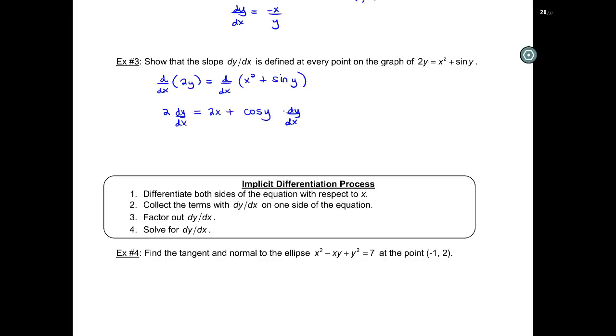What would you do when you have variables on opposite sides? You want to get everything on one side. So I'm going to move this to the other side. So I have 2 dy/dx minus cosine of y dy/dx equal to 2x.